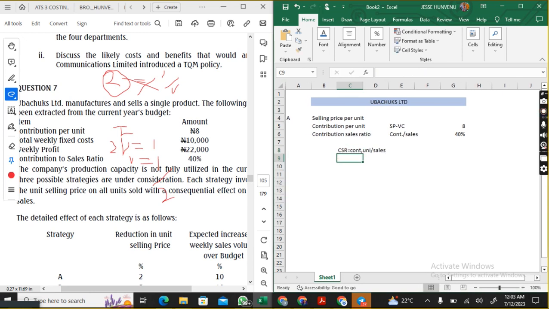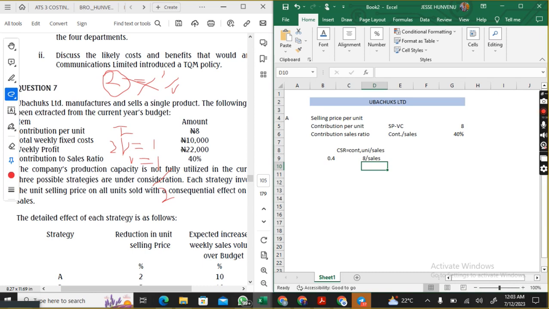And the contribution ratio has been given as 40%. So that equals contribution per unit, which is 8 naira, all over X, which is unknown.